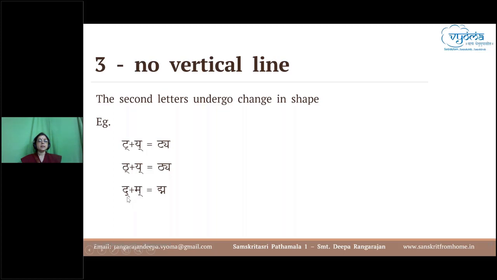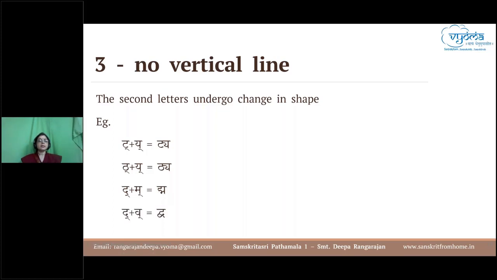In this, it is the third letter of the tavarga, the d, when it combines with makara. See the change in shape of makara. It has not started from the horizontal line. It has started from the end of dakara. Whereas the dakara has remained as such, or more or less the same. It has not undergone any change in shape.